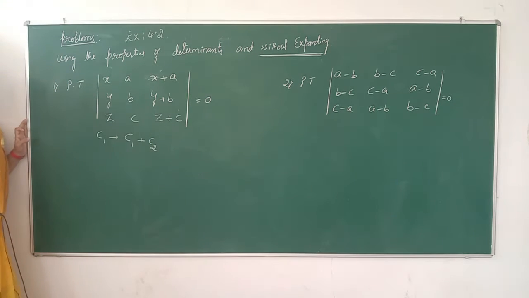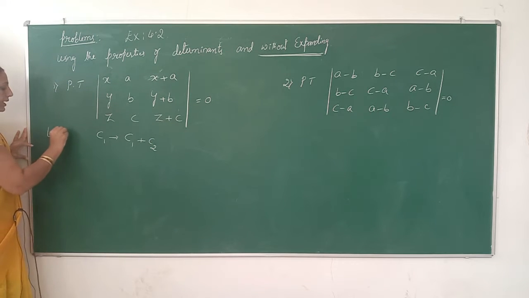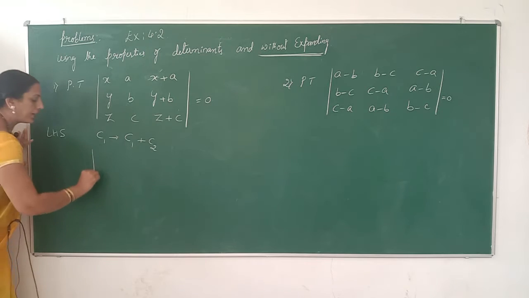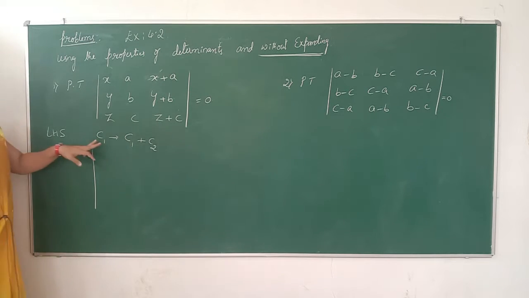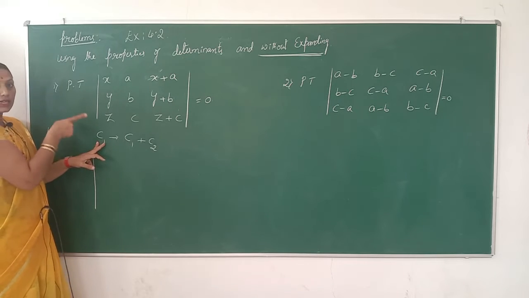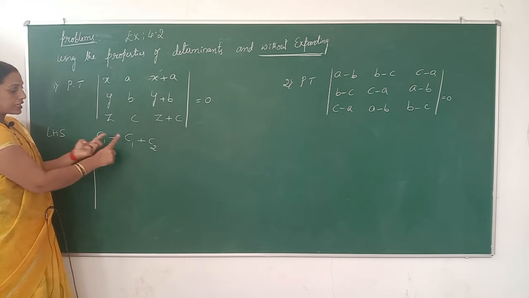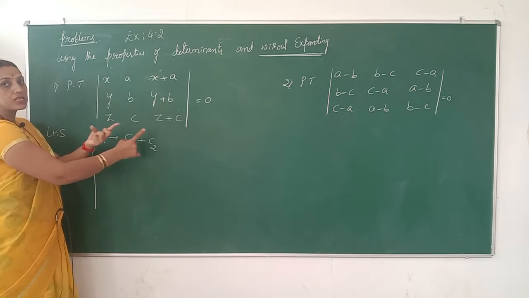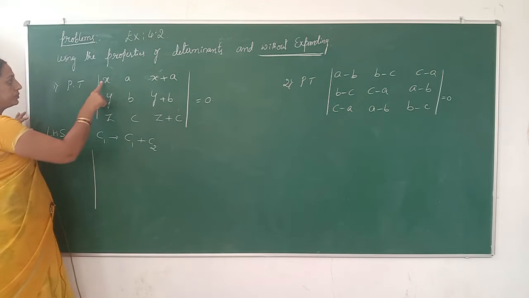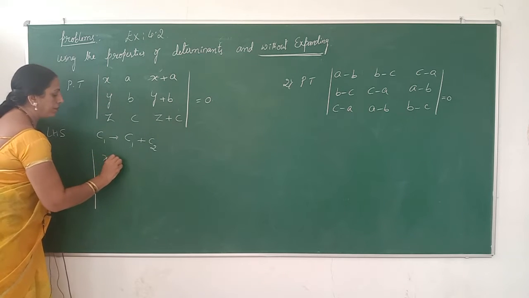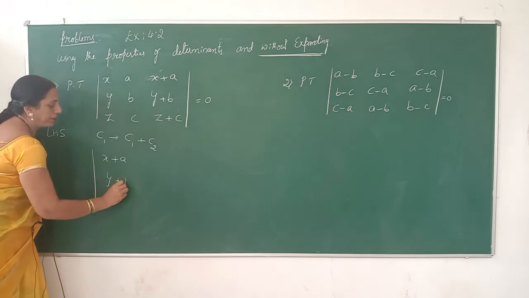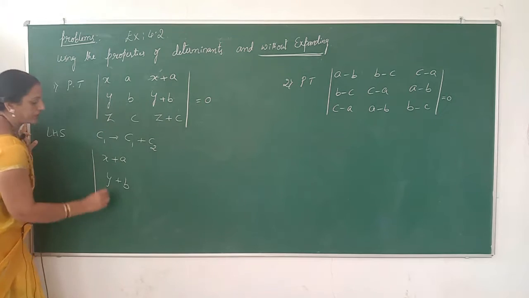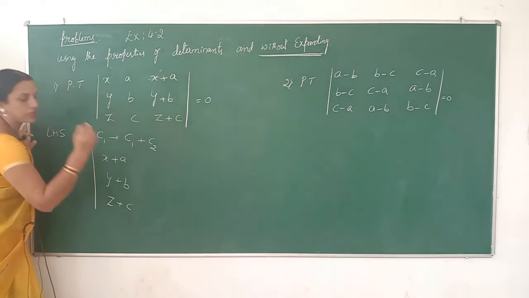The elements of c1 and c2 are added with each other, and we change them in the place of c1: an addition of the corresponding elements of c1 and c2. The first one is x plus a, the second element y plus b, the third element z plus c.